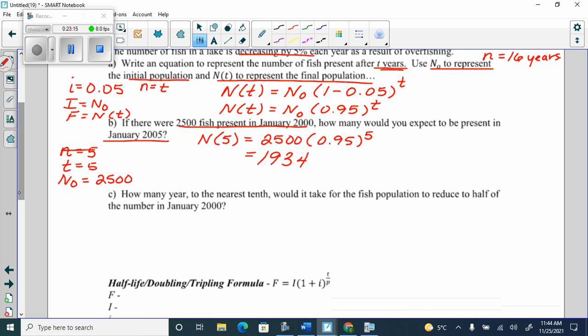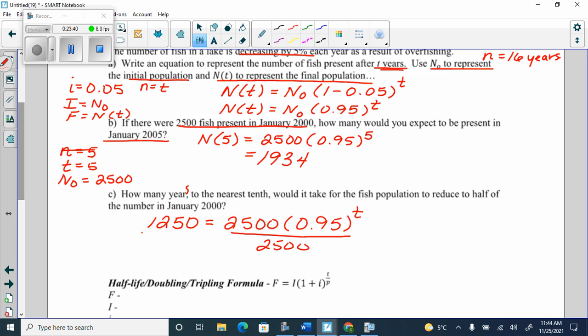Then it says, how many years, to the nearest tenth, would it take for the fish population to reduce to half? I'm just going to fill in numbers. 1,250 equals 2,500 times 0.95 to the T. Divide by 2,500. Always divide your initial over.